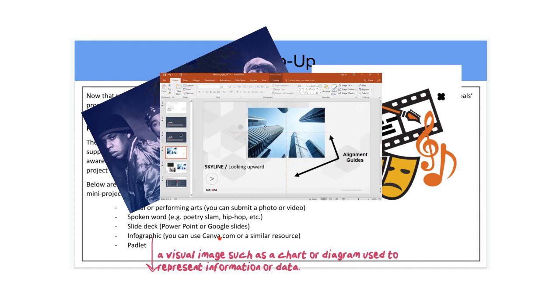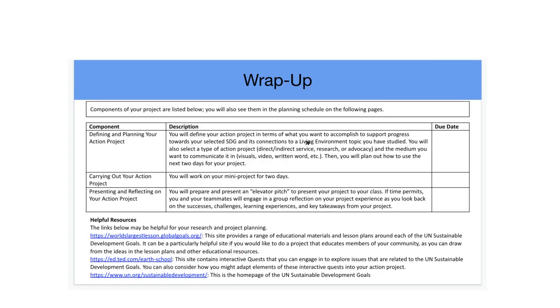Infographic, you can use canva.com or a similar resource. Here, I would like to recommend that you use Book Creator, which is a tool that allows for a great deal of creativity. And finally, Padlets.